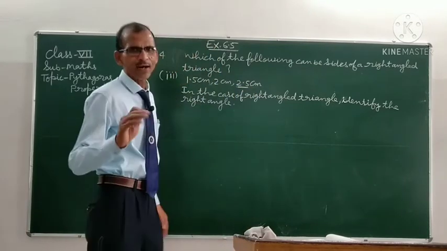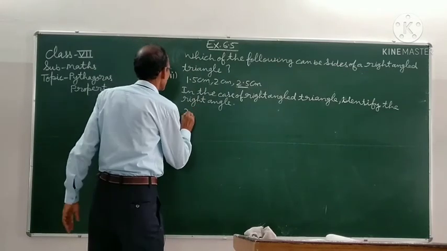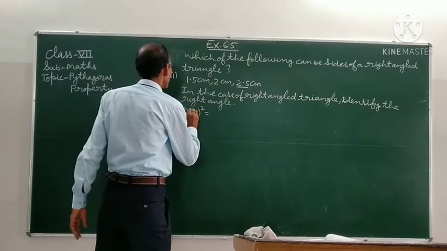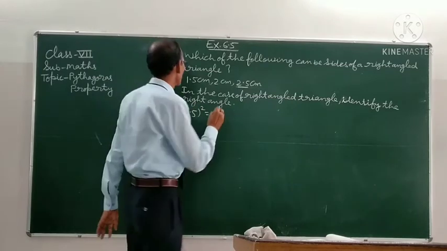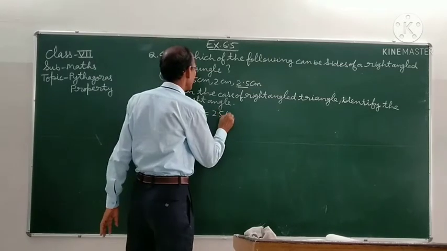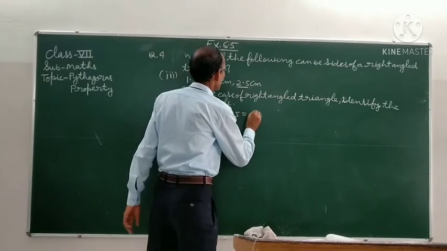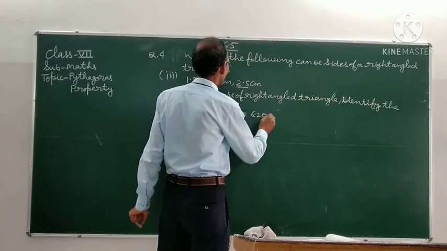So first we find the square of 2.5. Square of 2.5 is equal to, square of a number means that number multiplied by itself. 2.5 into 2.5 is equal to 6.25.